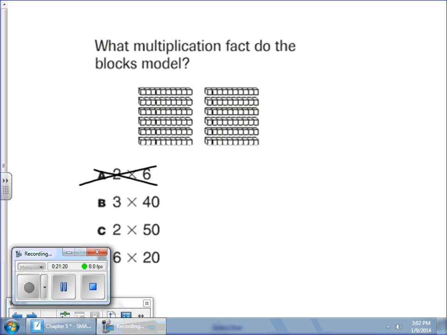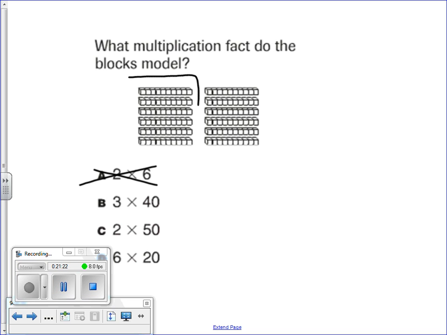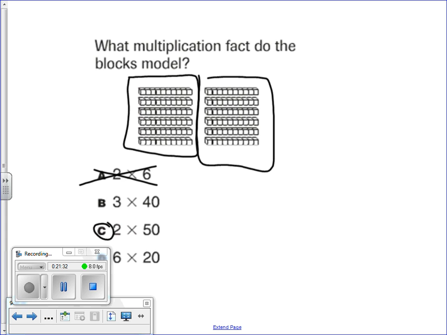so I looked at it like this, and I said I have 2 groups. So here's what I would have done if I'm being completely honest. I would have said, okay, 2 groups, probably 2 groups of 50. C, let's move on to the next one. What's wrong with what I did? Christina? Right?